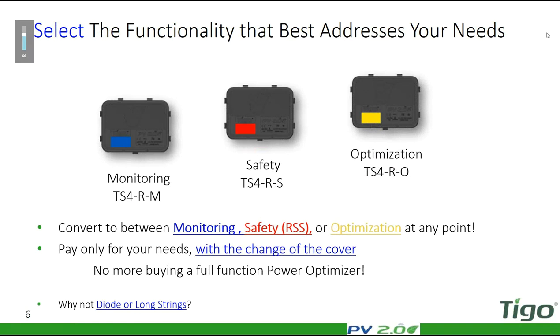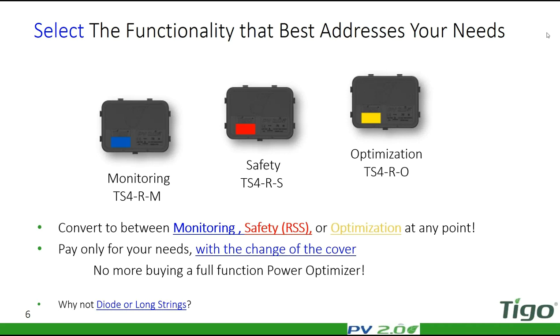Moving on, so we're talking about the different functions at different price points. The TS4 retrofit basically offers you to take any existing installation or any new PV module that you want to install and for some reason is not coming with the TS4 base on it, and enhance its capabilities. You can give it either monitoring, which will provide module level data. You can give it safety, which will have module level disconnect.